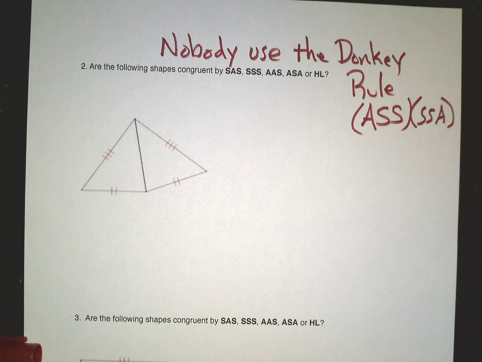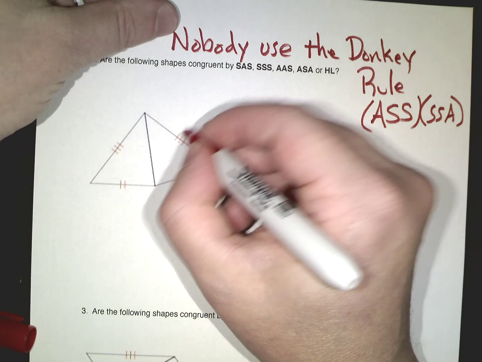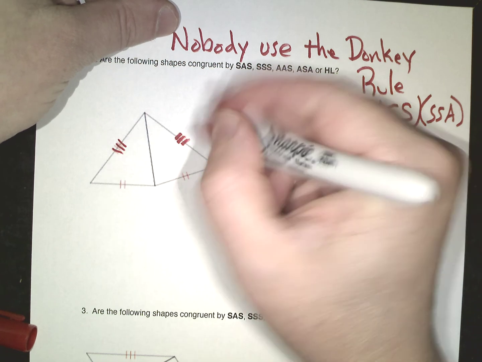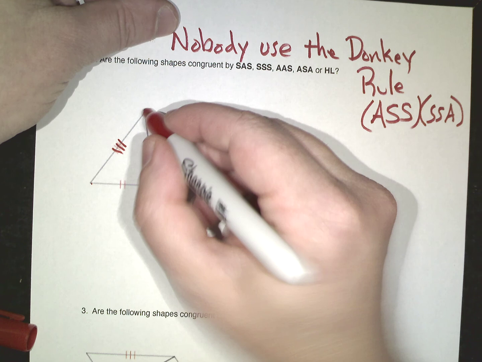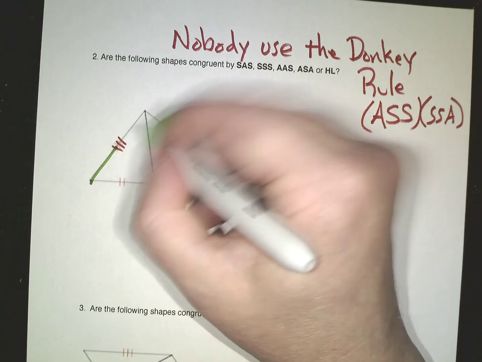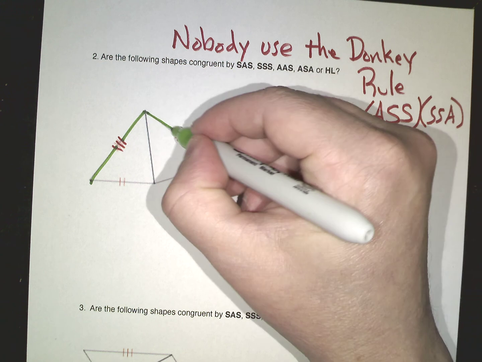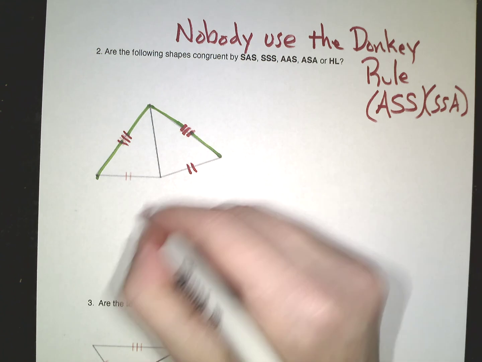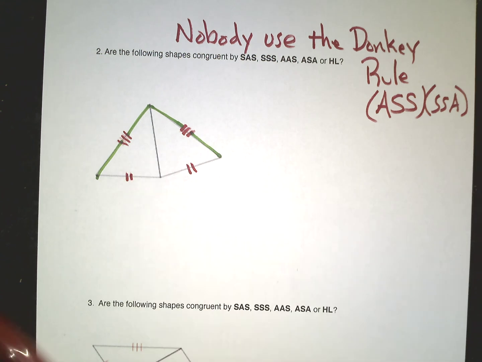So what you have to look at is these marks on them. Now, this one has 3 marks here. This one has 3 marks here. That's telling me this side is the same as this side. So I have 2 things. Then I have these 2 marks over here, and then I have these 2 marks over here.